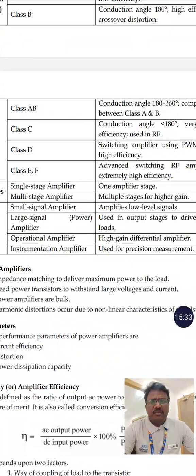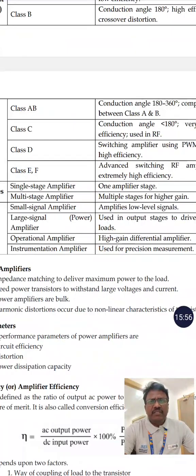Multi-stage amplifier. Here two or more amplifier stages are connected together. Each stage increases the signal further. Overall gain is equal to gain 1 times gain 2 times gain 3, etc. The advantages of a multi-stage amplifier are very high amplification and better performance.